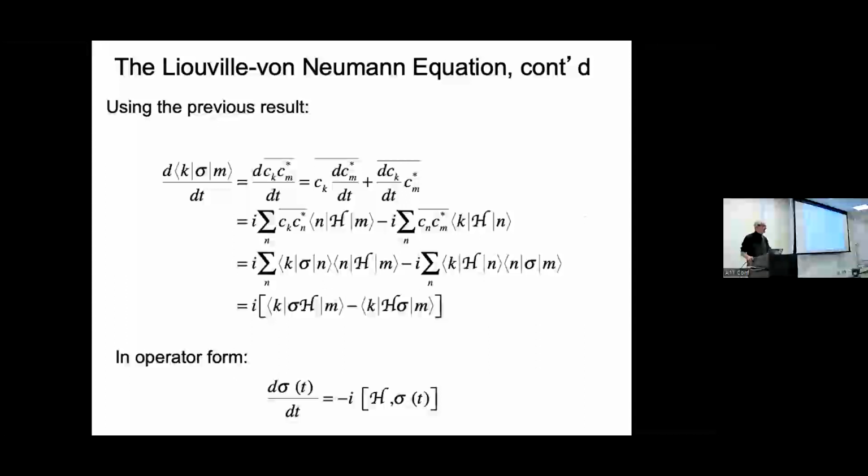The Schrodinger equation had a simple solution when the Hamiltonian was independent of time. It will turn out next class that the Liouville von Neumann equation has a simple solution when the Hamiltonian is independent of time. That shouldn't surprise you because the Liouville von Neumann equation came from the Schrödinger equation.